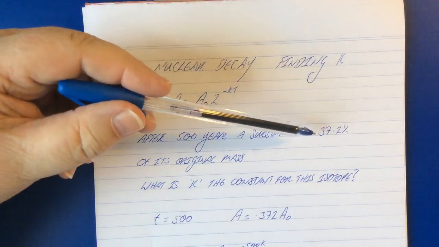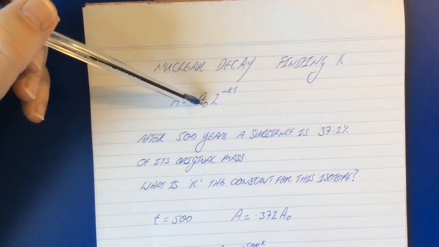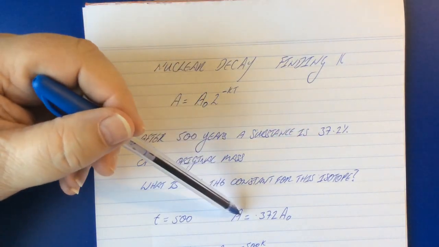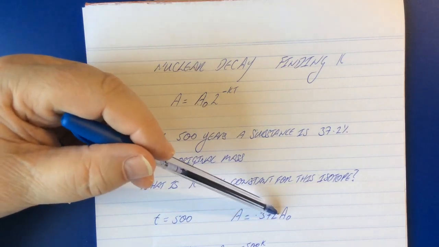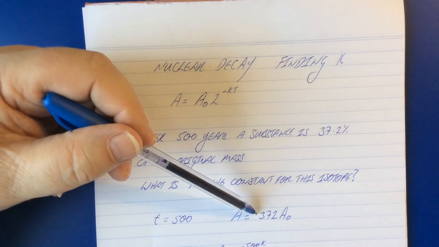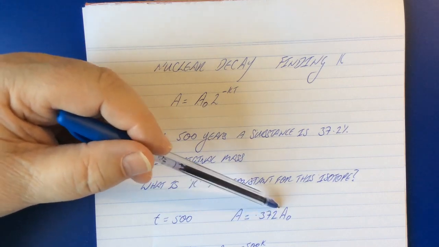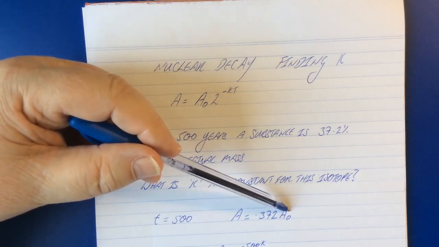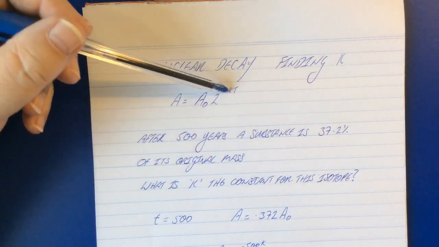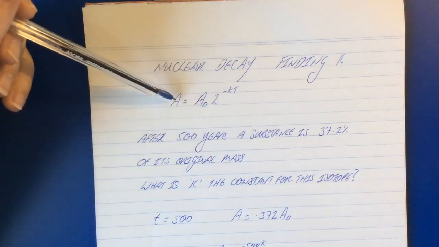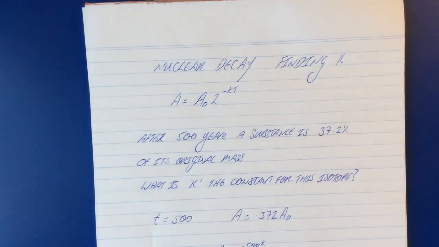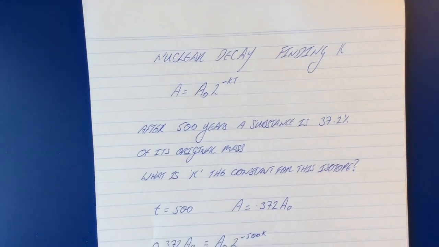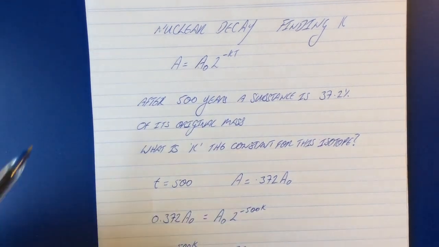It's 37.2% of what we started out with. So we can write A in terms of A0. So A is equal to 0.372, 37.2% of A0. And that allows us to fill out all of this formula save for negative K, or K with a negative in front of it. So let's do that.